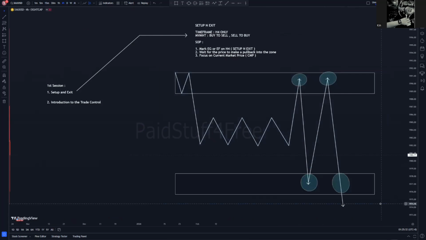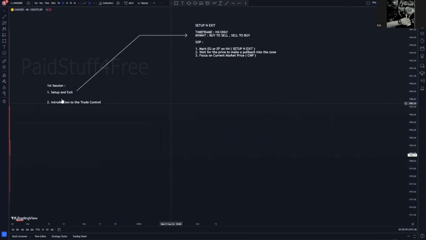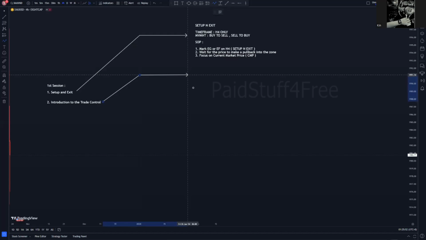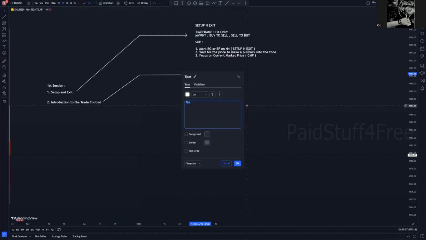Because we've already done with the first topic, we are going to go to the next topic, which is the introduction to the trade control, or we can call it TC.